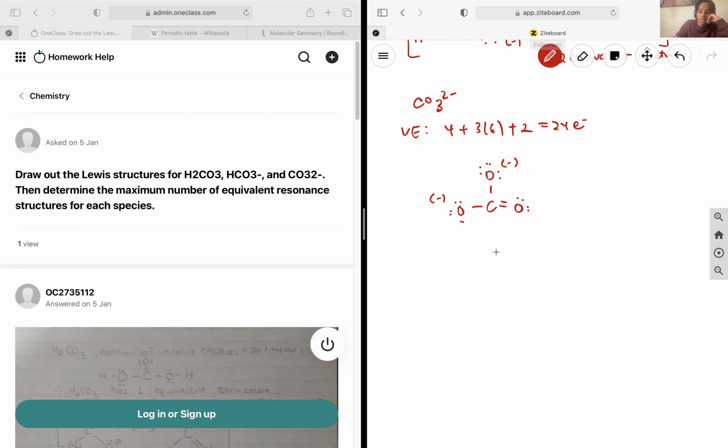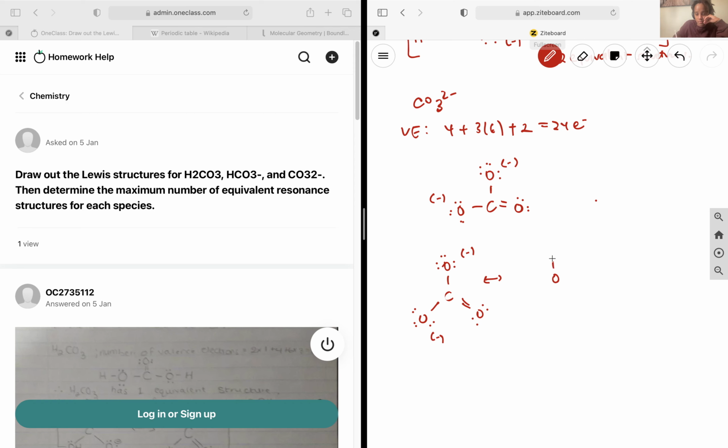And so now we want to see if we can come up with any resonance structures for this, and indeed we can by moving this double bond around. And so we'd have 3 structures. We'd have what we've drawn. Additionally, we could have this double bond here instead, and this one with the full octet.